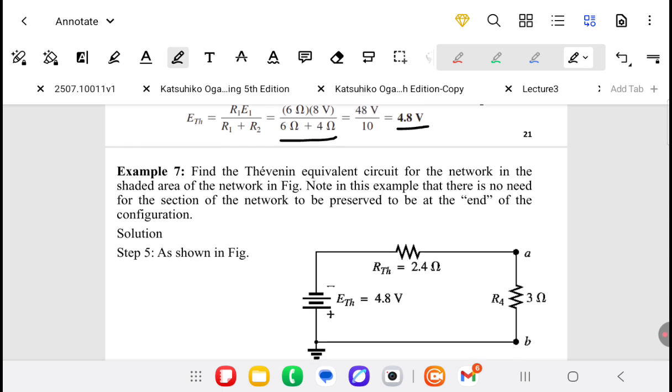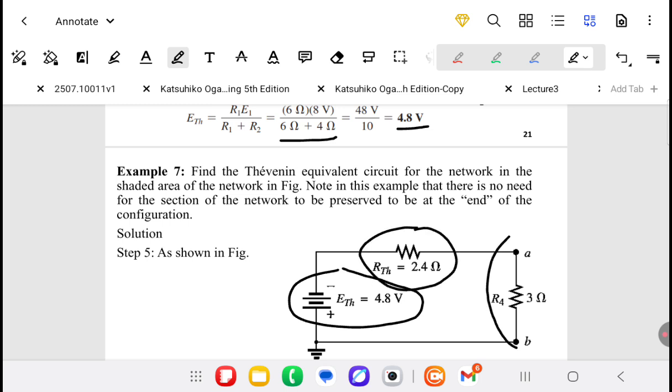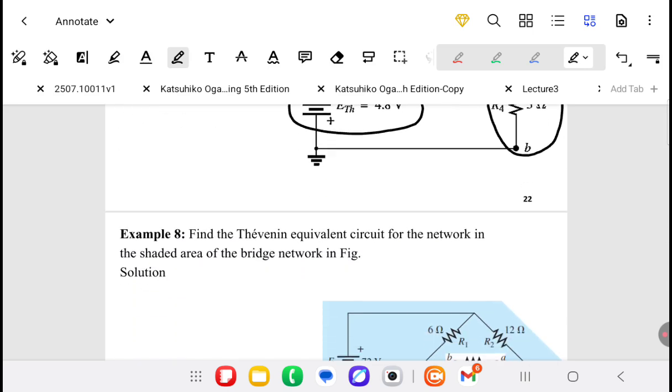Then we draw the equivalent circuit with E Thevenin in series with R Thevenin, and we return back the load R4 across terminals A and B.